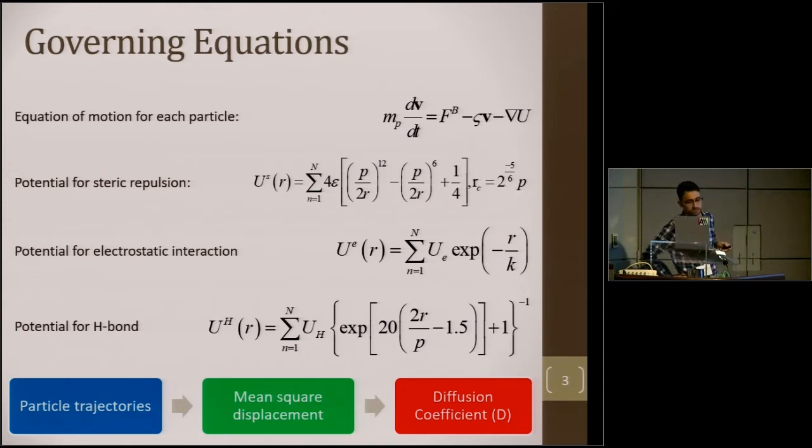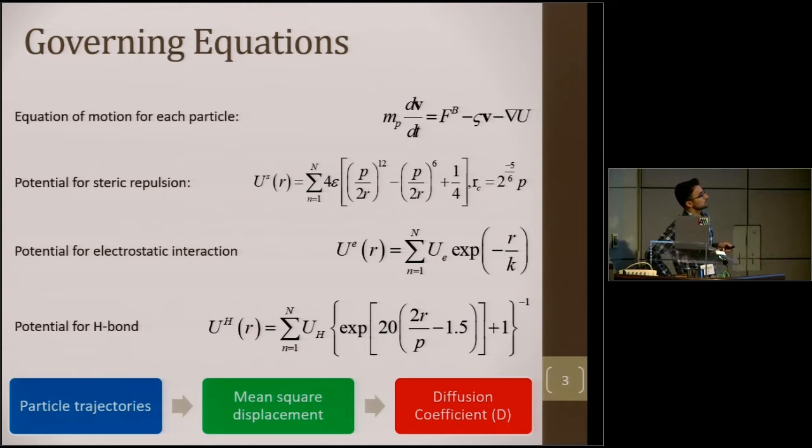Here, UE is the extent of electrostatic interaction, and K is the interaction range, which is equivalent to the Debye length. And for H bond interaction, we use this potential, which has been successfully used by other researchers for modeling H bond interaction in their studies. Here, UH is the extent of H bond interaction.